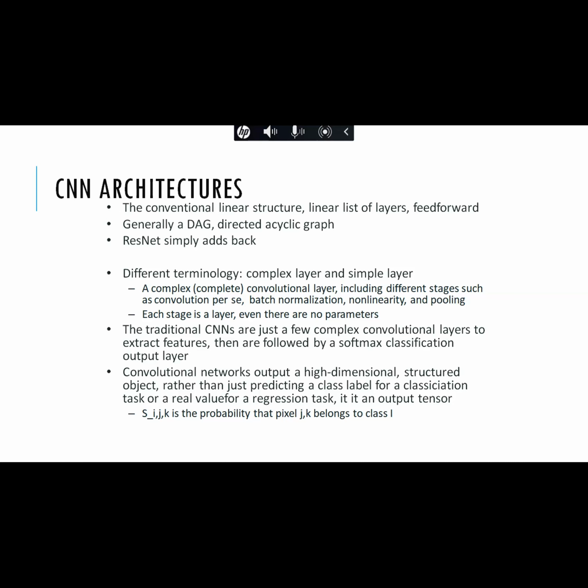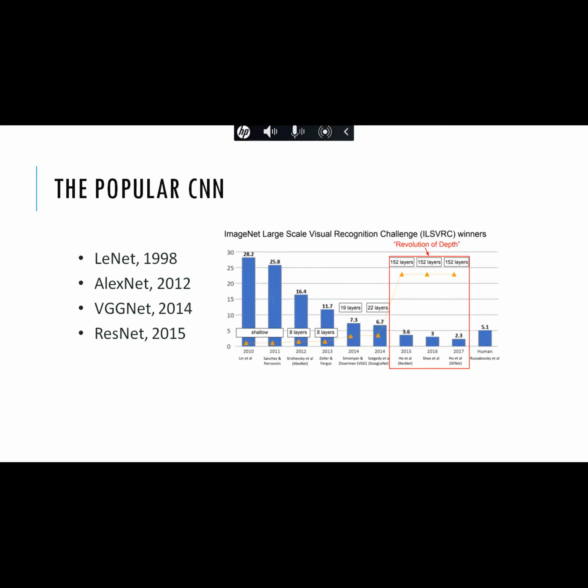Then convolution neural networks output high-dimensional structured objects rather than just predicting a class label for a classification task or a real value for a regression task. So the popular CNNs are LeNet, defined in 1998, AlexNet in 2012, VGGNet in 2014, and ResNet in 2015.